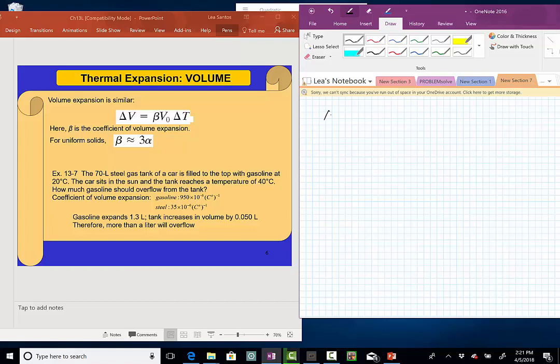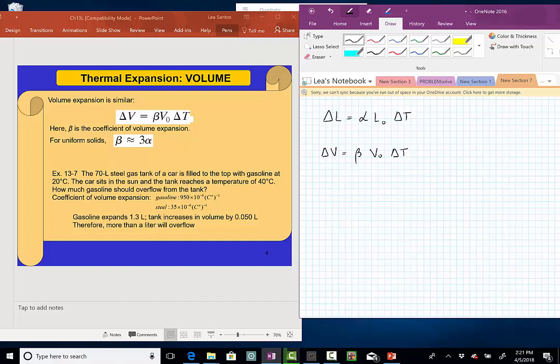Remember that for the change in the length, we said that this was delta L, that depended on the material, depended on the initial length, and depended on the change in temperature. Well, now we are talking about volume, so the change in the volume will depend on the material. I'll put this letter beta now. It will depend on the initial volume and on the change in temperature.